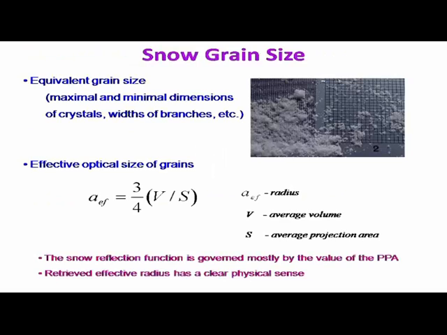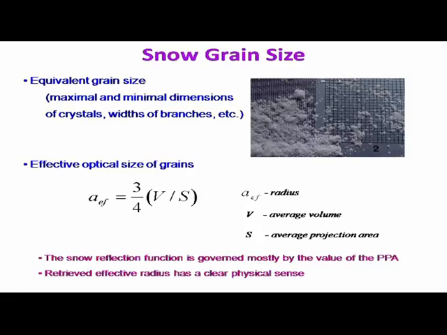Now coming to the snow grain size. Whatever snow grain size we measure on the ground is called the equivalent grain size. In that case we measure the maximum diameter of the snow grains, or some people measure the maximum and minimum dimensions of the crystals, or the width of the branches. That is called the equivalent grain size, which we physically measure using a crystal gauge and microscope.